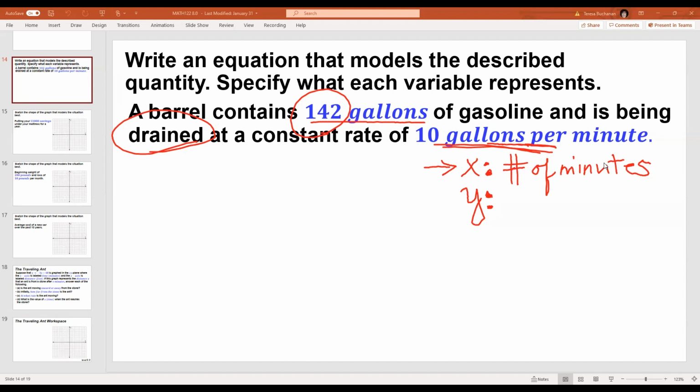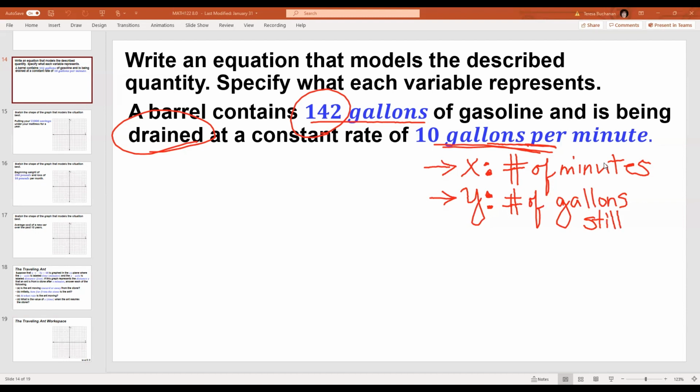Y is what we call the dependent variable because whatever number of gallons is in there depends on the number of minutes that have passed. Number of gallons still in the tank. How much is left in there? I don't know. It depends, right?